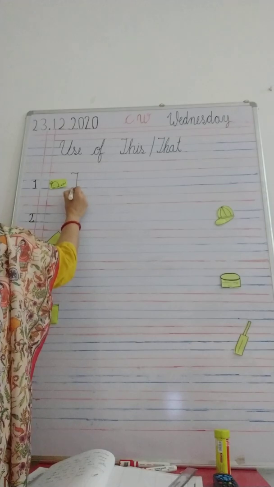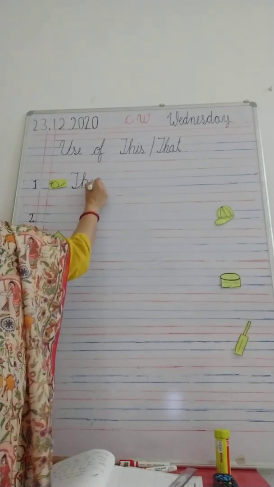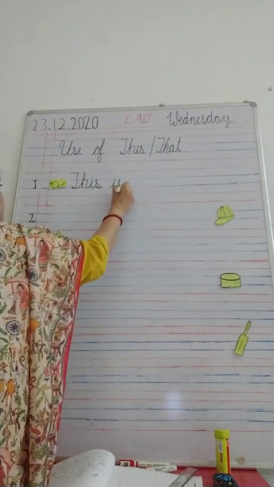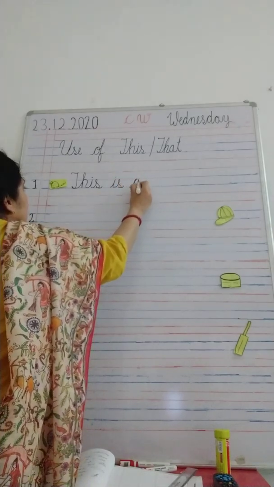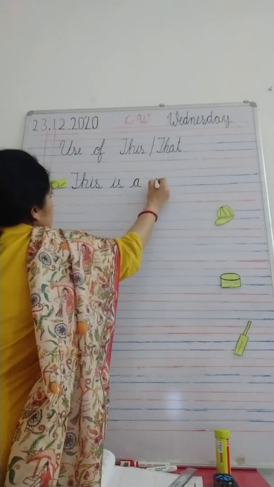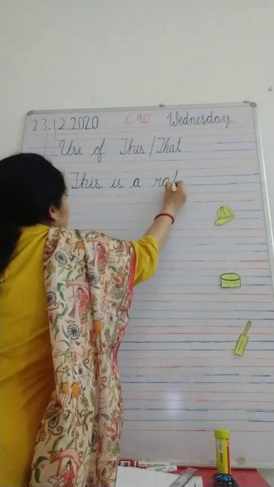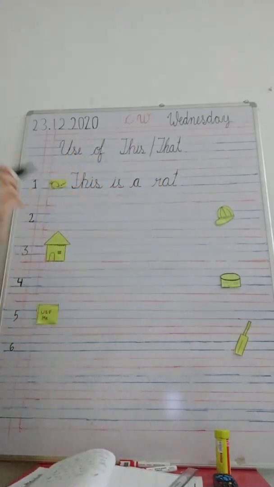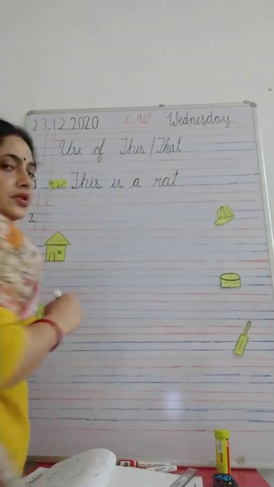This, is, a, rat. R, a, t. This is a rat. Okay, sentence finished and we'll put a full stop.